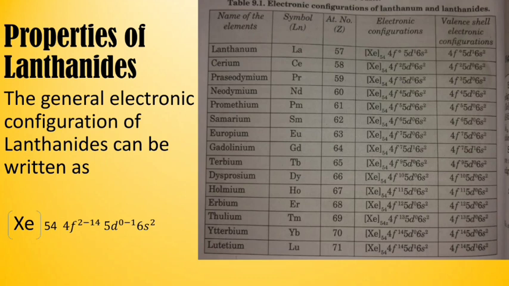Alright. When we move to cerium, cerium has a different electronic configuration. The electronic configuration of cerium is xenon 54, 4f2, 5d0 and 6s2. This is because both electrons enter the 4f orbitals of cerium.